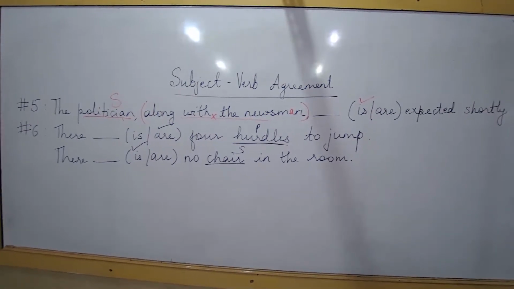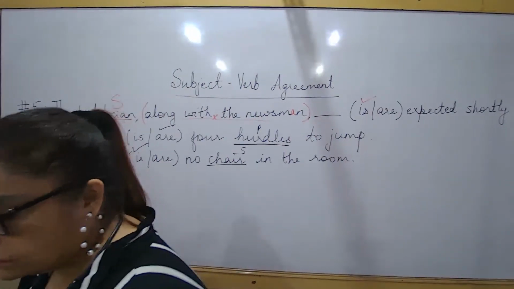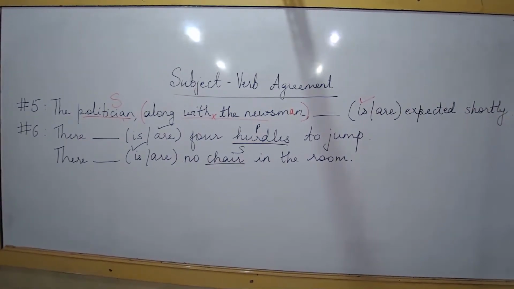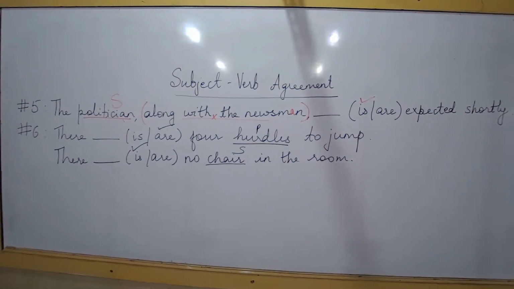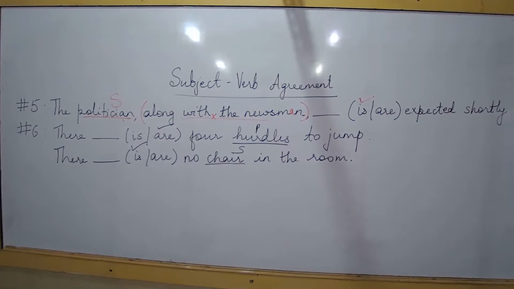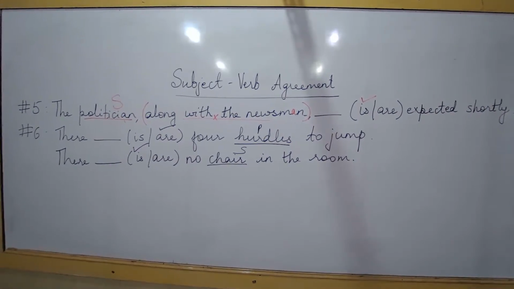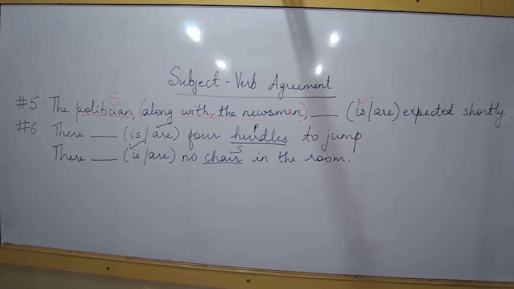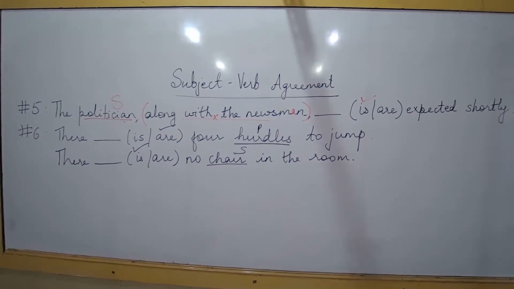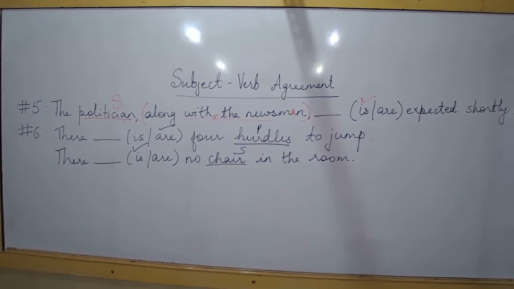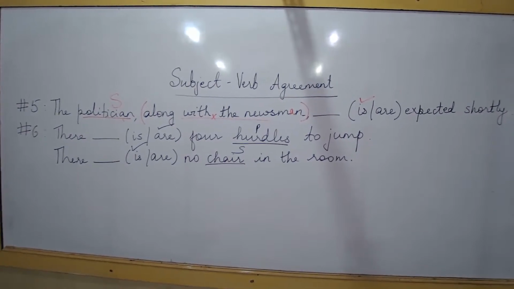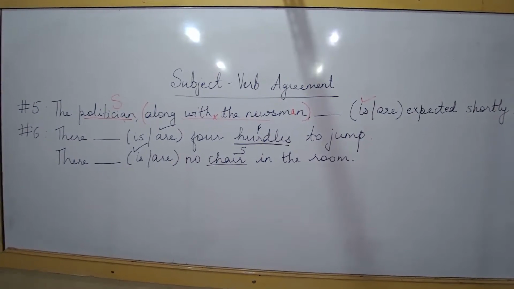Next rule, rule 7. Use a singular verb with distances, comma, periods of time, comma, sums of money, etc. Sums, S-U-M, as sums of money, etc., when considered as a unit.